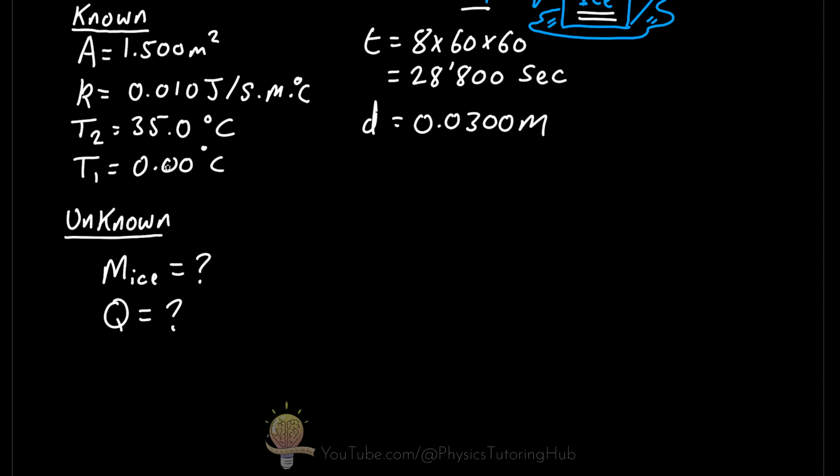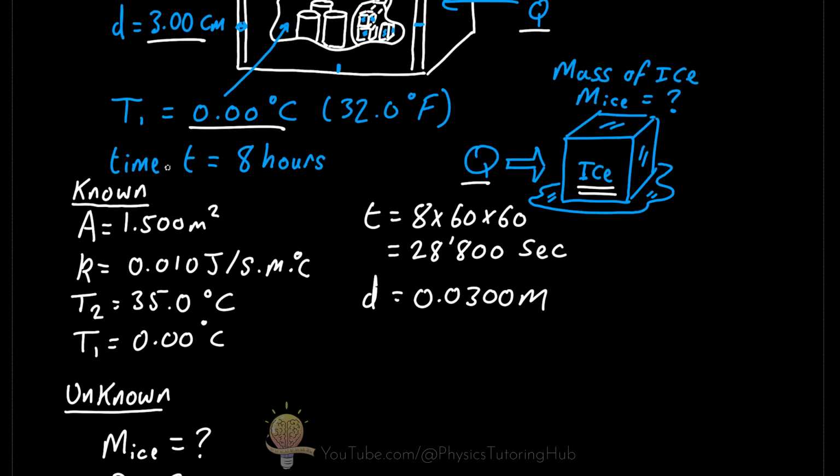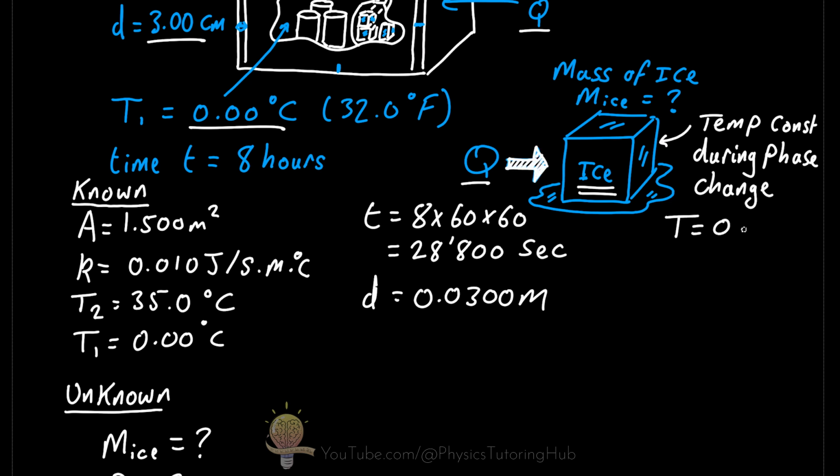From a previous video, we learnt that when ice is at 0 degrees Celsius or 32 degrees Fahrenheit and is absorbing heat energy, then the temperature of this ice remains constant during this phase transition. In other words, when it's melting.